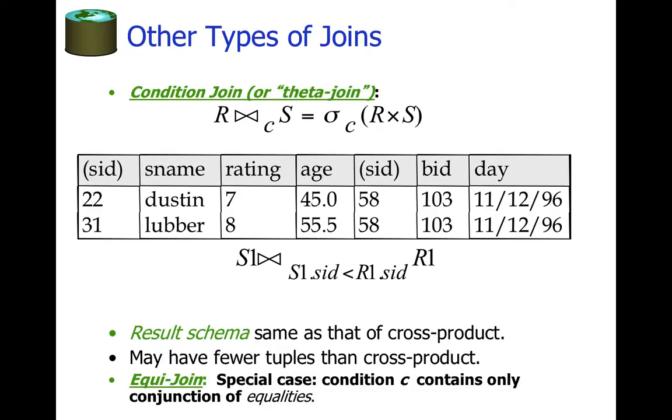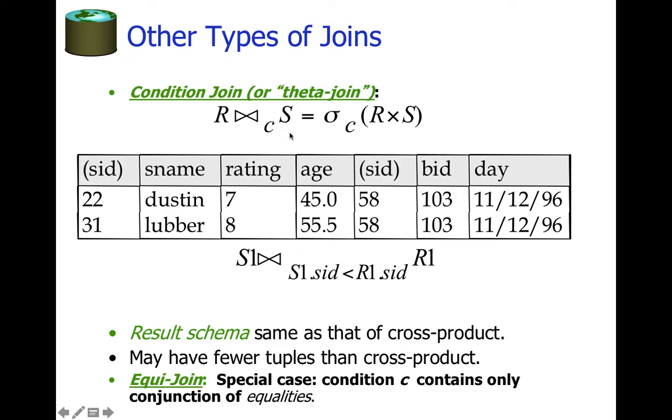We're saying here that there are other types of join, not only the equal. There is a condition join, so you join them on a certain condition. If the tuples satisfy a certain condition, then they're going to be included in this join.